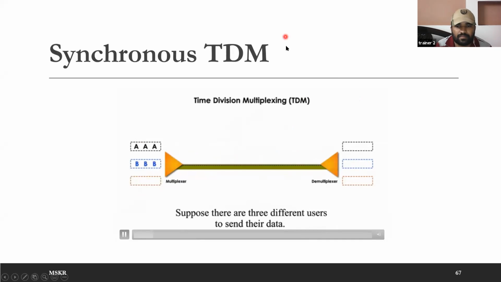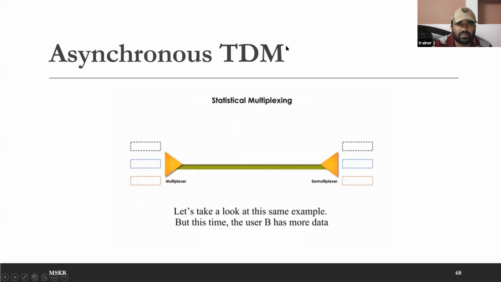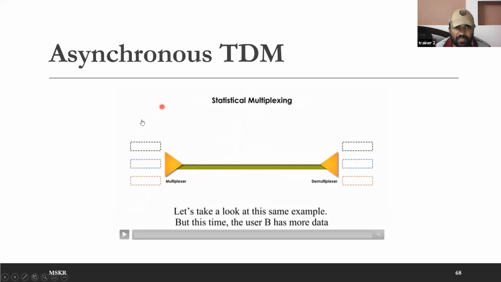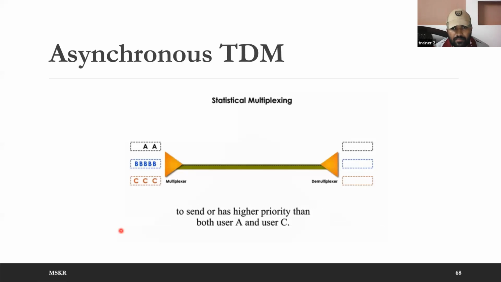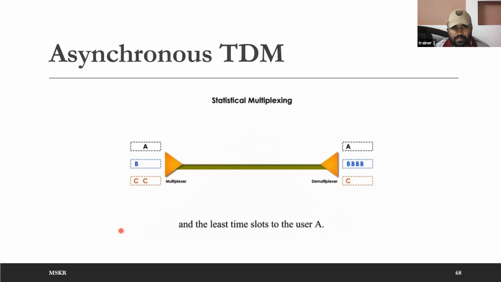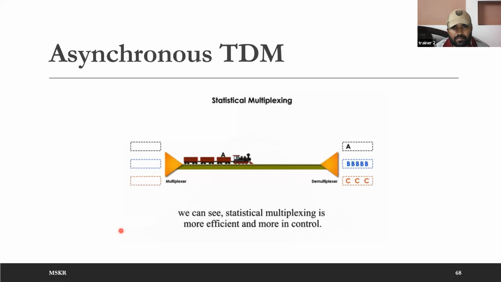Suppose there are three different devices. So look at how asynchronous TDM works. Example, but this time the user B has more data to send or has higher priority than both user A and user C. The multiplexer decides to give user B most time slots and the least time slots to user A. Compared with the time division multiplexing, we can say statistical multiplexing is more efficient and more in control.